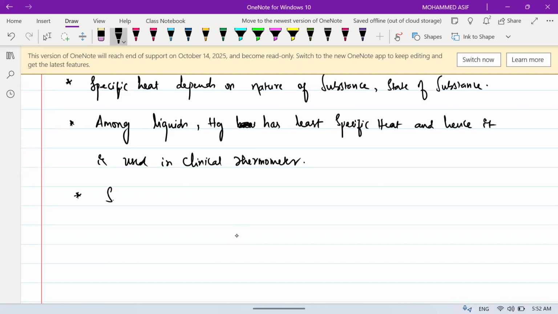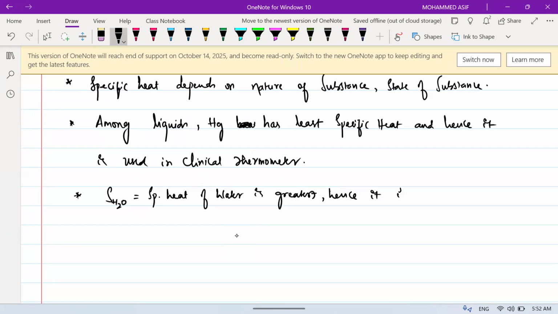Let's see specific heat of water. Specific heat of water is greatest. Can you tell me where it is being used?